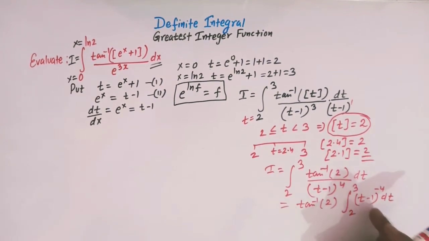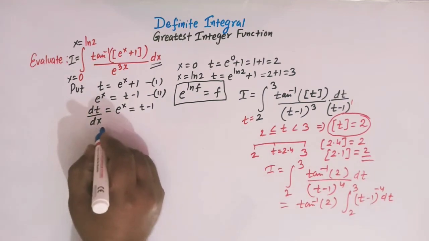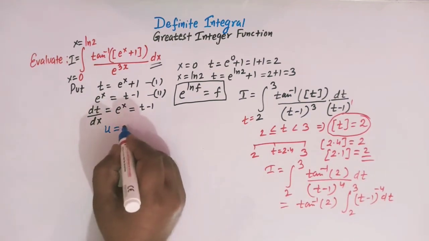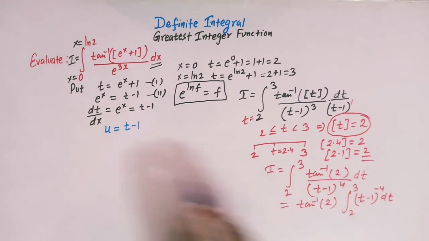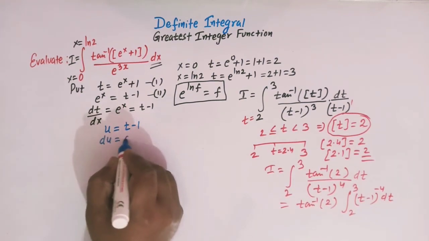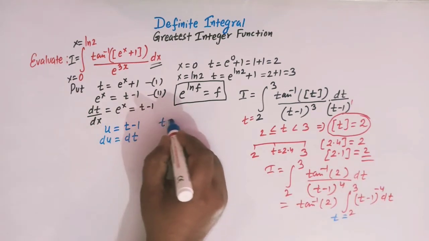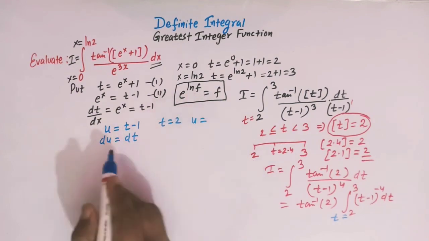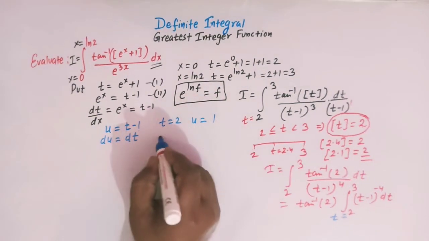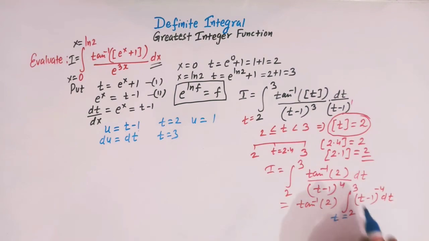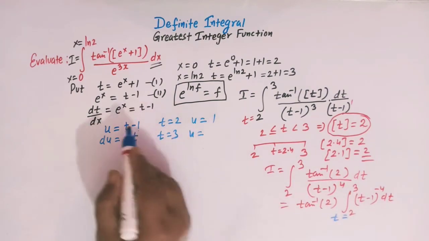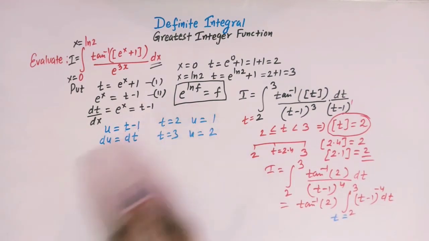Now in order to solve this integral we can make use of the substitution method. Let us take u equal to t minus 1, so du is equal to dt. Here t varies from 2 to 3. When t is 2, u is 2 minus 1, that is 1, and when t is 3, u is 3 minus 1, that is 2.